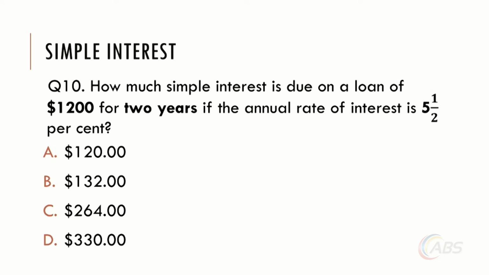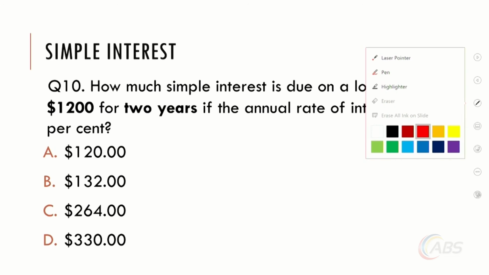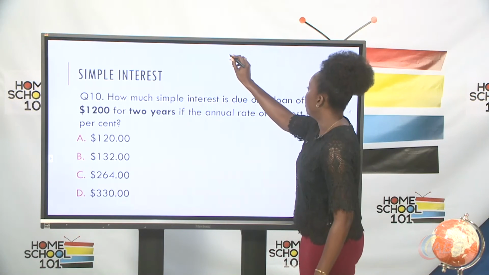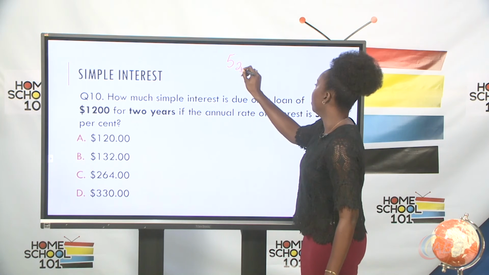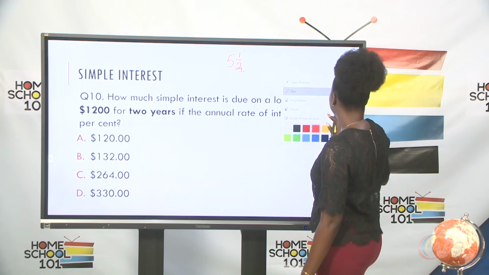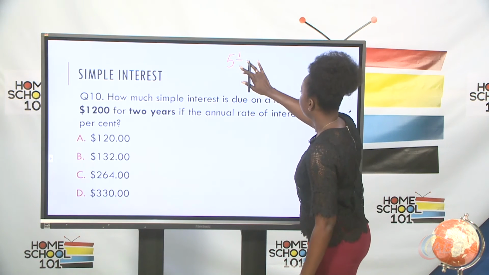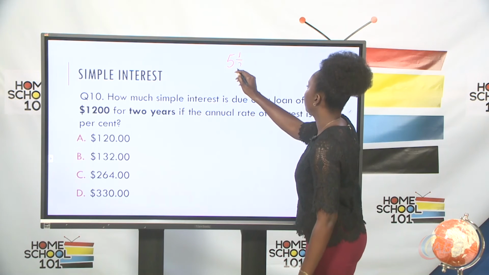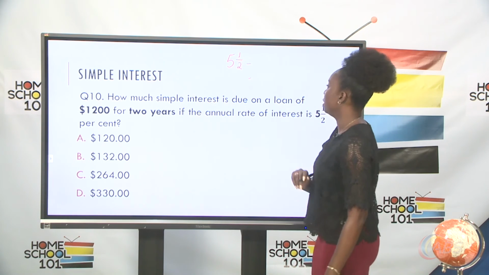And so what we're going to do here is, first of all, change this 5.5% into something that we can work with. So just a reminder, what we have here is 5 and a half, which is a mixed number, and we're going to change it to an improper fraction.